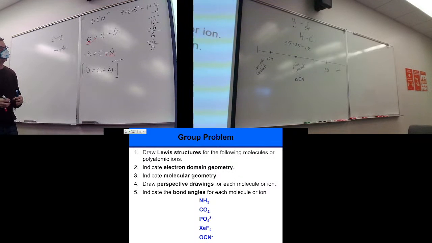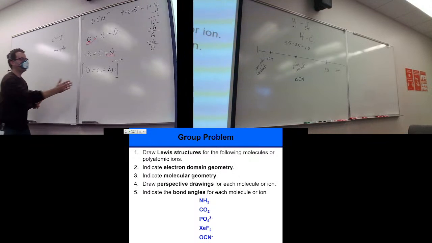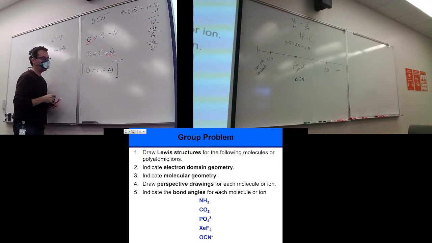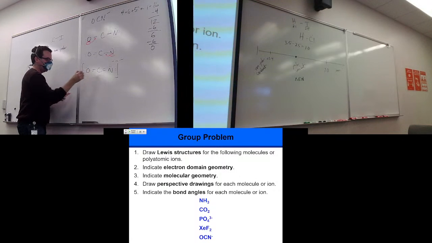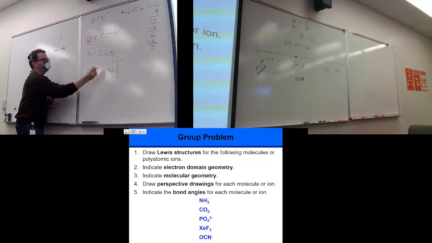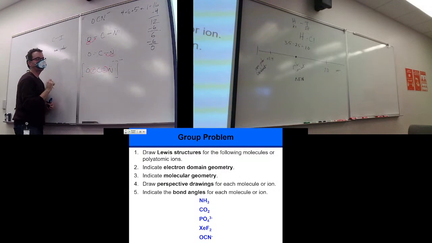Next, we're going to do electron geometry. So for electron geometry, we look at the central atom. We count how many groups of electrons are on that central atom. There are 1, 2 around that carbon.